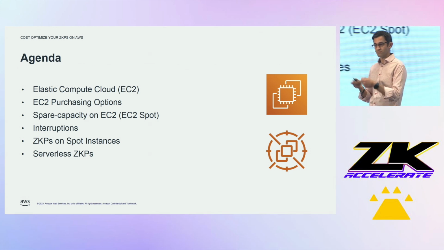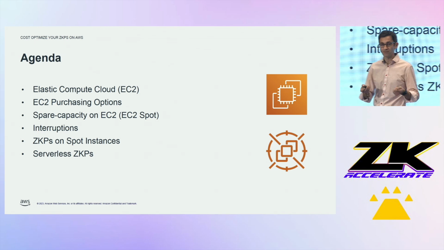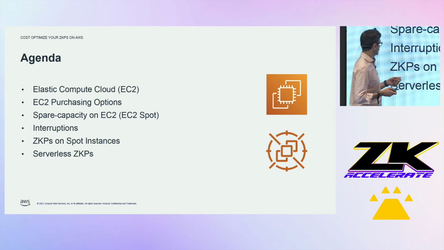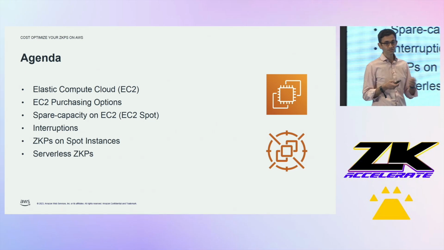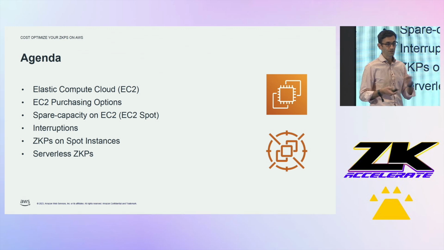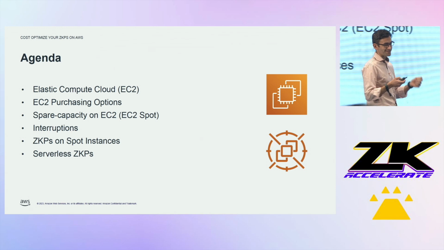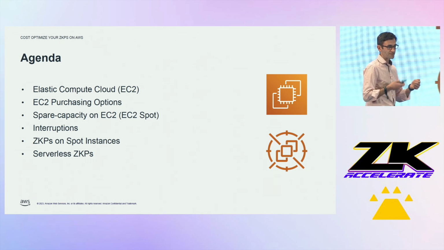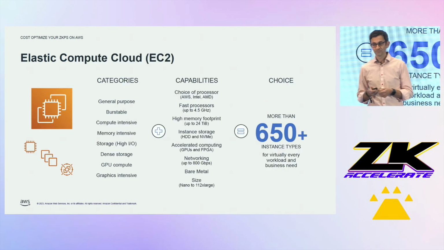That's really the underlying thing which we're going to use here for cost optimizing our ZKPs. Then we're going to do a more technical deep dive into specifically what you need to do to run ZKPs, because there are some nuances with running on Spot. And then we're going to end with a bonus, untried, untested, theoretical thing around serverless ZKPs, which came out of a discussion I had with one of those projects.